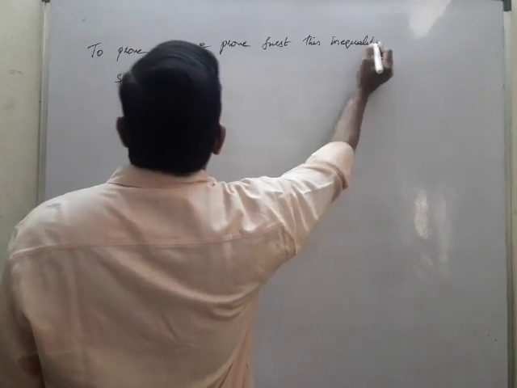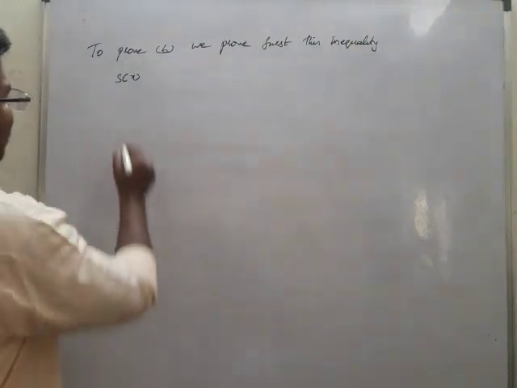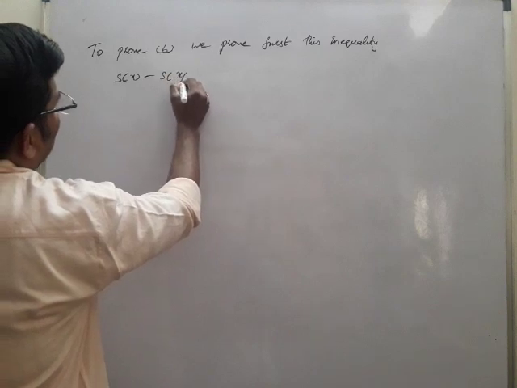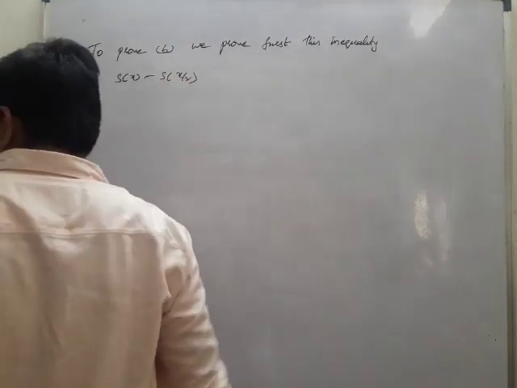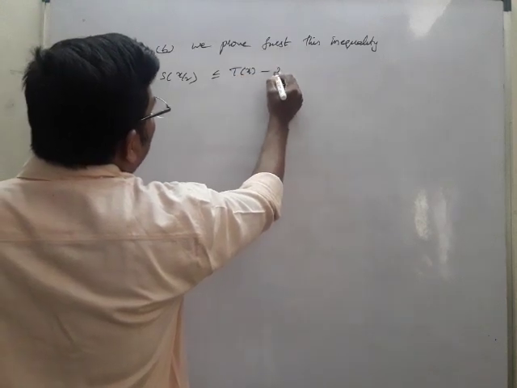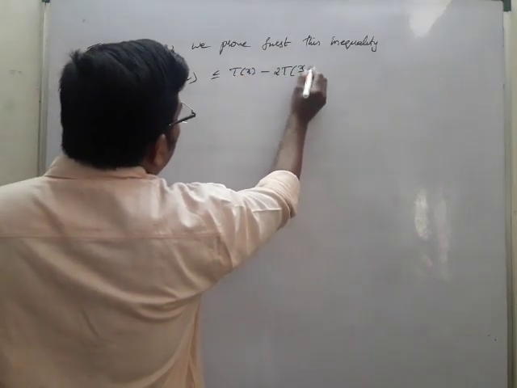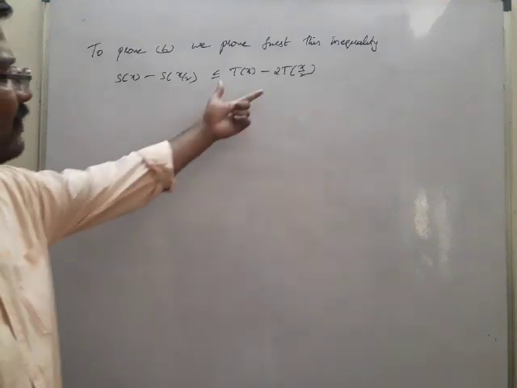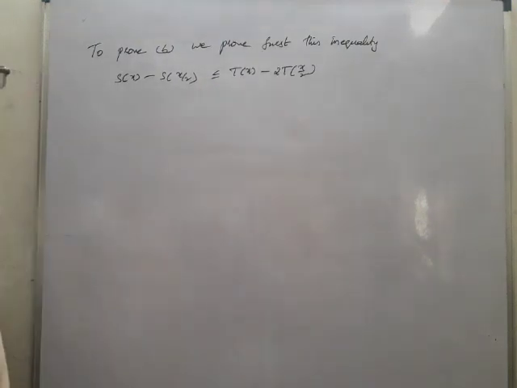Now we'll try to solve this inequality: s of x minus s of x by 2 is less than or equal to t of x minus 2 into t of x by 2. This inequality we'll try to solve.